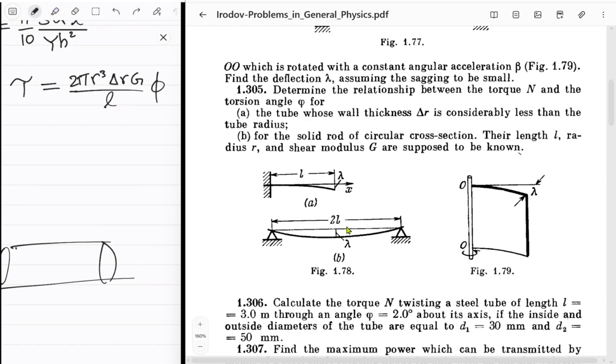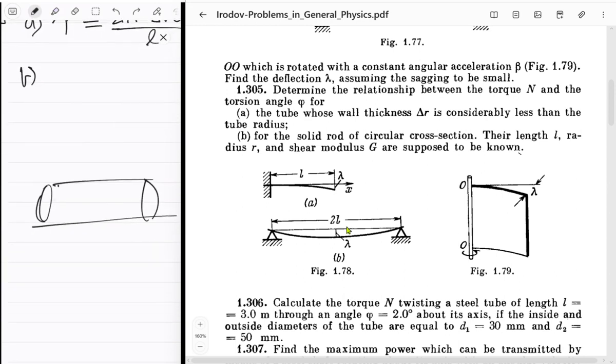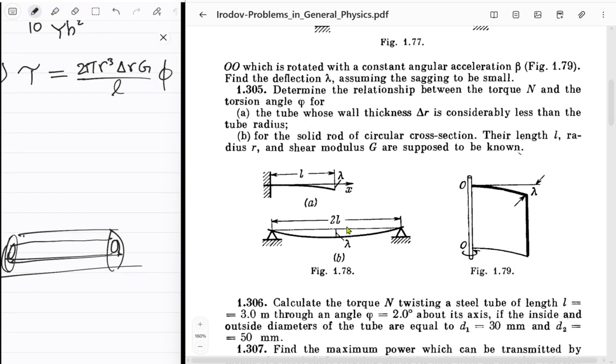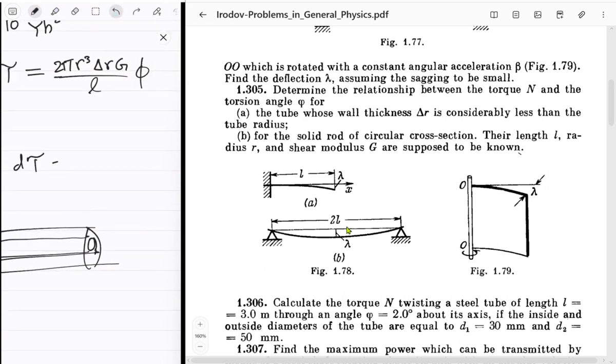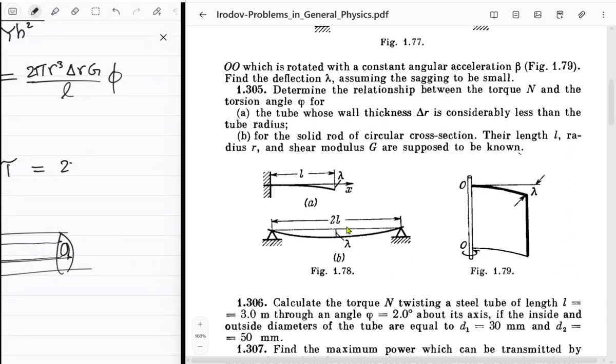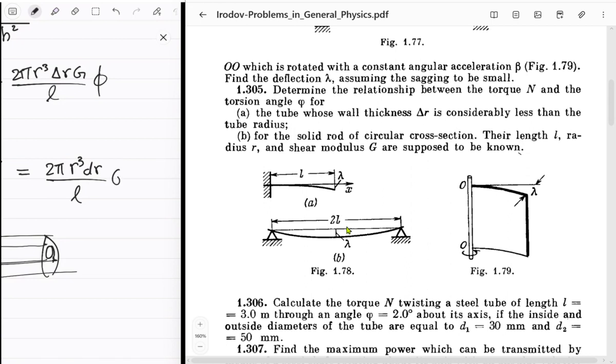So then we can just apply this equation for every single infinitesimal element like this, right? Just apply that everywhere. So this equation just becomes d tau is equal to 2 pi r cubed dr upon, the length is the same, then G phi.